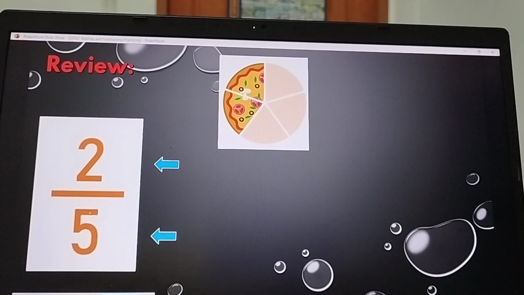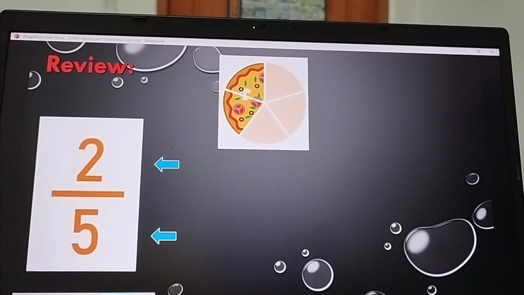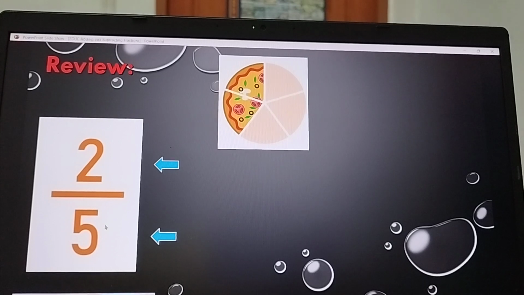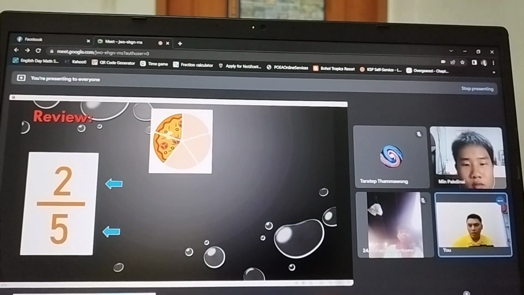Next slide. Parts of a fraction. You have here 2/5. Again, example, a pizza. Then the pizza was sliced into 5 equal parts. So what's left is 2 slices of pizza. So you have 2/5 of the pizza. So what do you call the number 2 in a fraction?